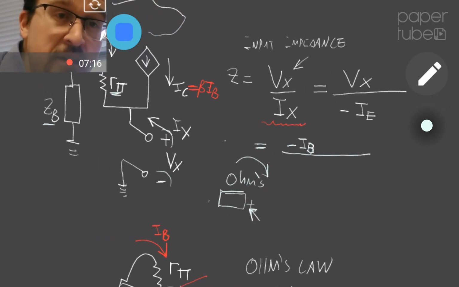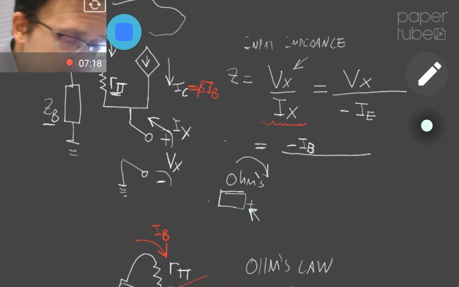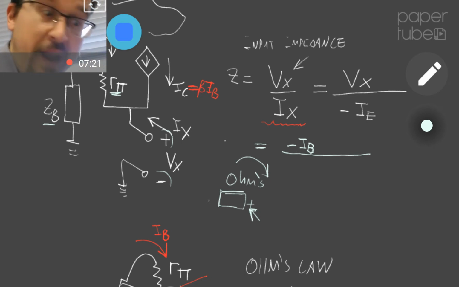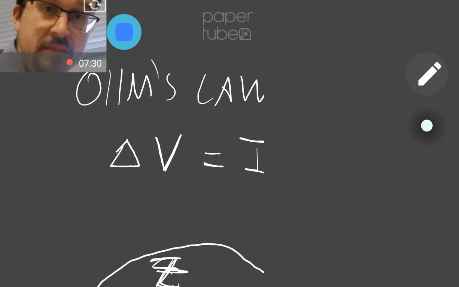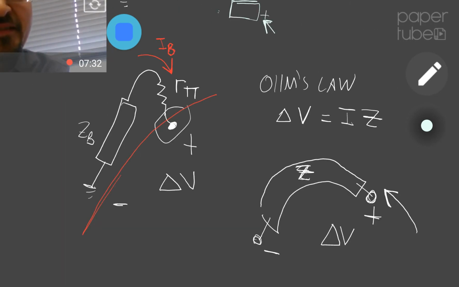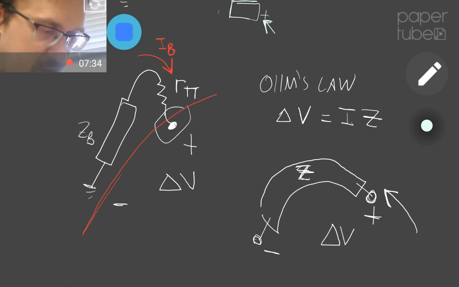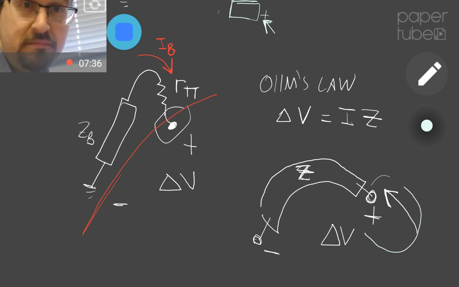So when you ask yourself, what's the I in Ohm's law? We have a name for that current, we have a symbol, but it happens to be minus IB. And you can get that consistently from the definition of Ohm's law as long as you remember that this is how we define that I. That I is the one that goes into the plus.